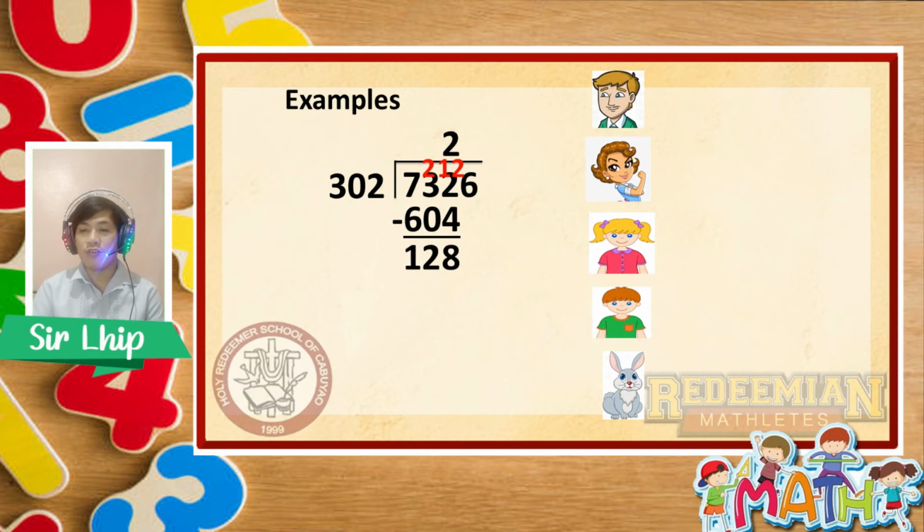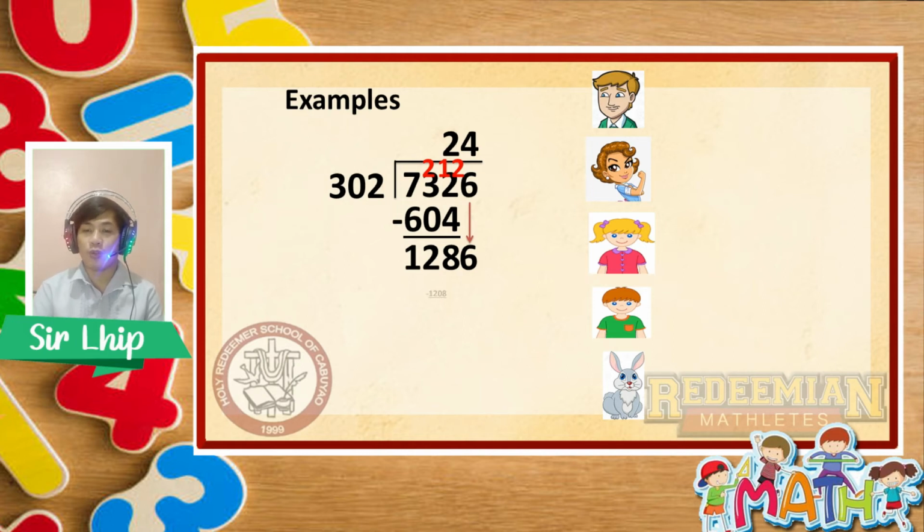Then bring down 6. So 1,286 divided by 302. How many 302 are there in 1,286? So divide again, it is 4. So 4 times 2 is 8. Then 4 times 0 is 0. Then 4 times 3 is 12.